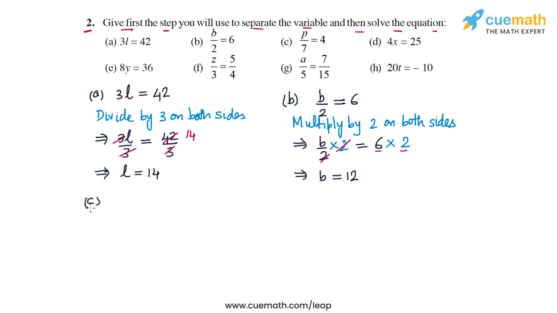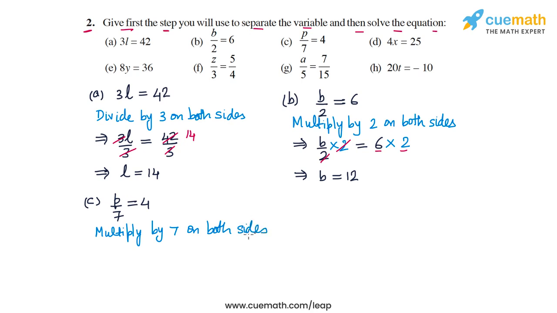In part C, the equation is P by 7 equal to 4, and this is similar to part B. We have to multiply by 7 in this case on both sides. So let's do that. Multiply by 7 on both sides.